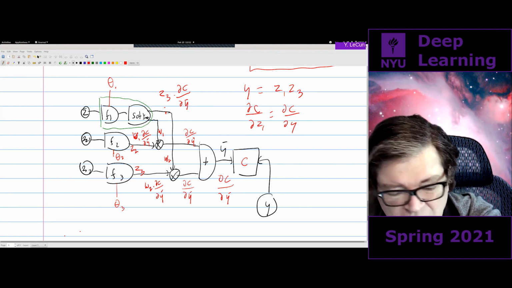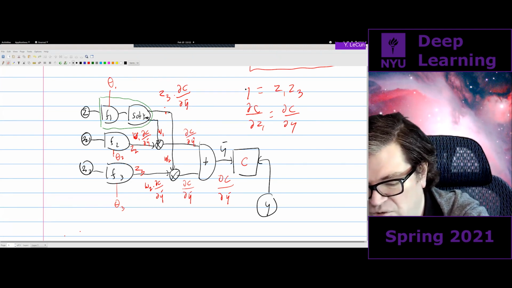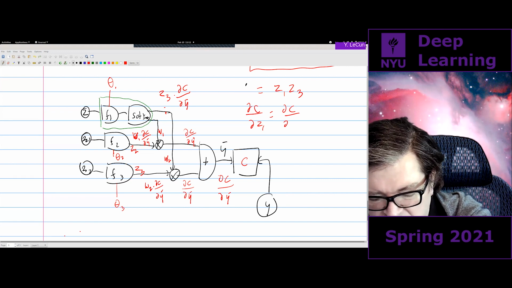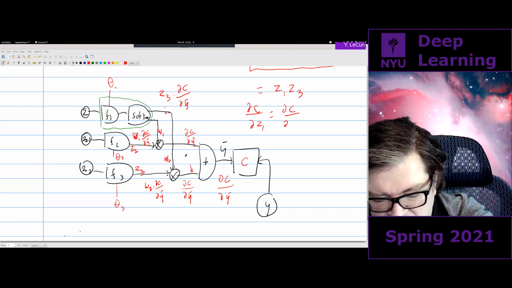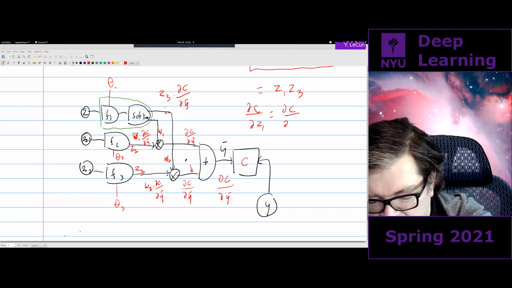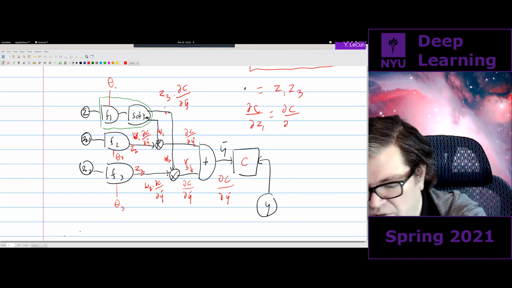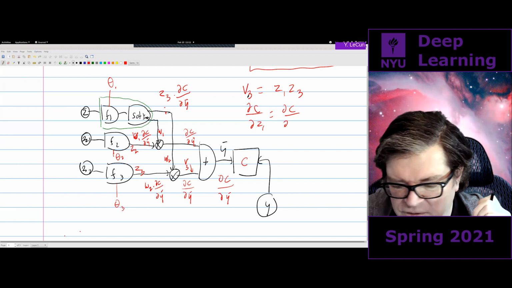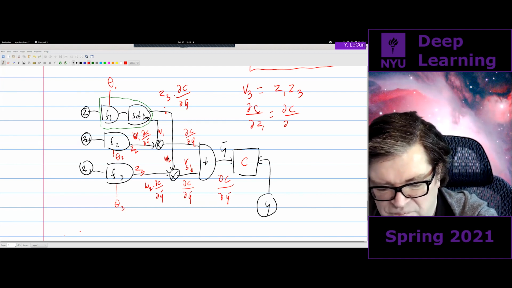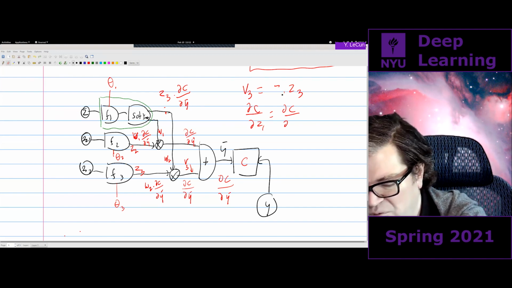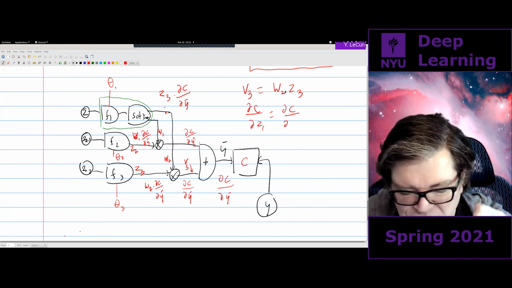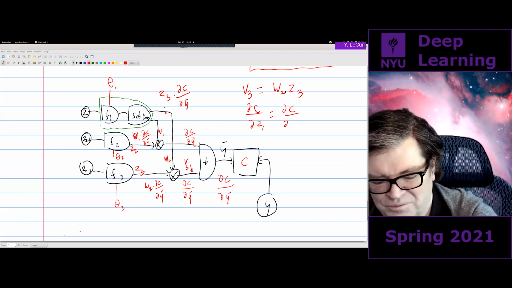I'm sorry, I should call this something else because it's going to get confusing. So this variable here I'm going to call v3. v3 is equal to W2 Z3. I'm being extremely confusing here, and again, my numbers are horrible.